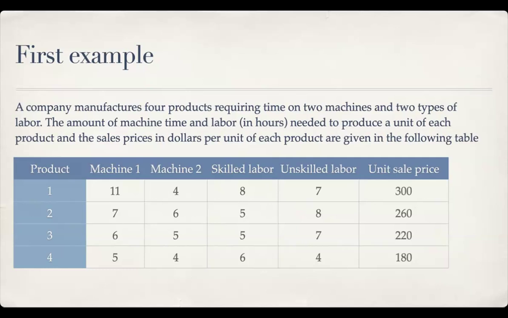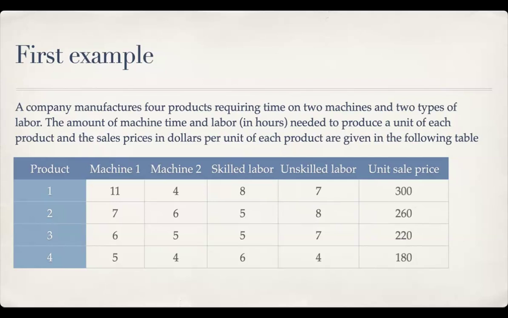In order to produce these products, we need 2 types of machine, machine 1 and machine 2, and of course, different products require different amounts of hours from machine 1 and machine 2. Also, each product needs skilled labor and unskilled labor, and the requirements for each product are different.